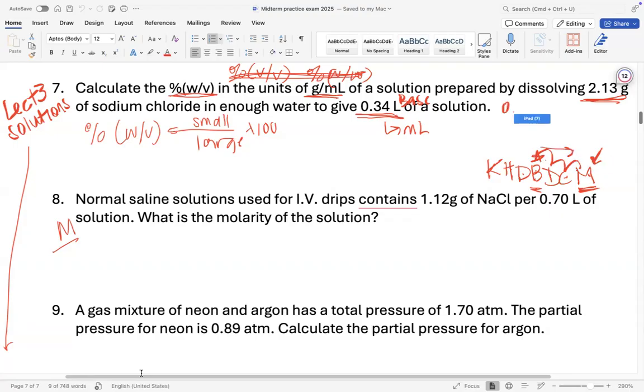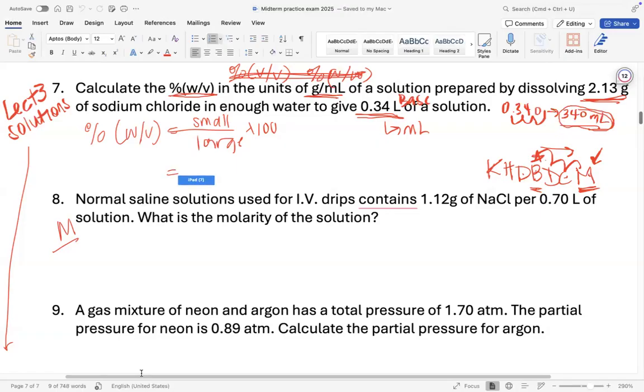So 0.34, 1, 2, 3 translates to 340 because I'm adding a 0 here, mils, right? And before that, you might have been saying, Kayla, small divided by large, 0.34 is not larger than 2.13. But when we change it to mils, yes, it is.